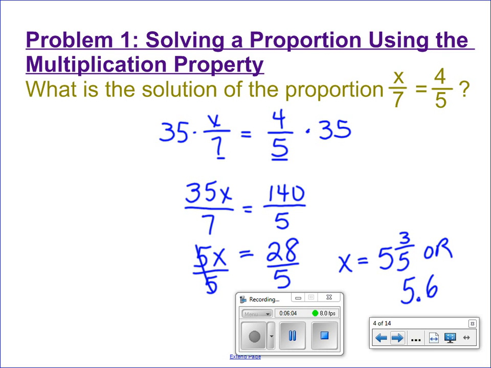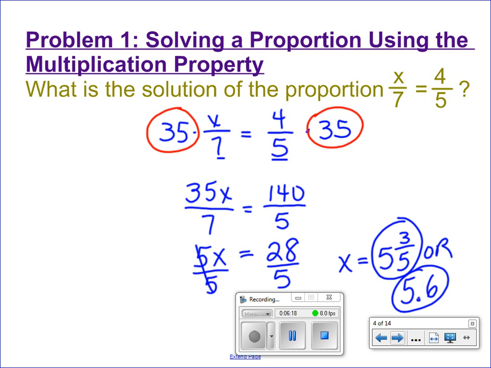All right, so here is my answer. And this is not using the cross products property, but it is using the multiplication property, where we multiply both sides by the least common denominator of our two denominators, 7 and 5.